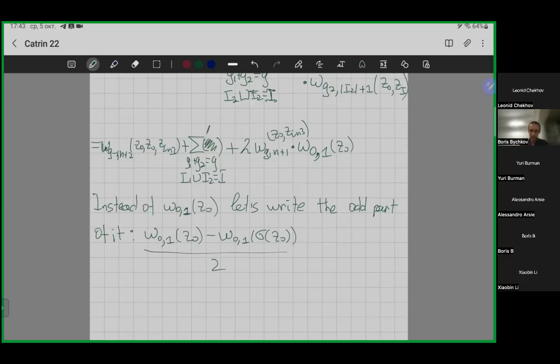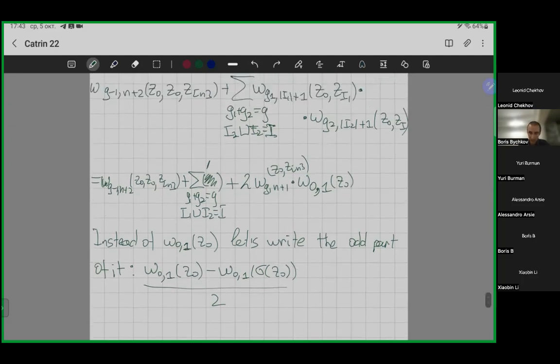And so what we did, if we change this to this, is that we add some even and regular stuff times omega G,n plus 1 to the whole expression.